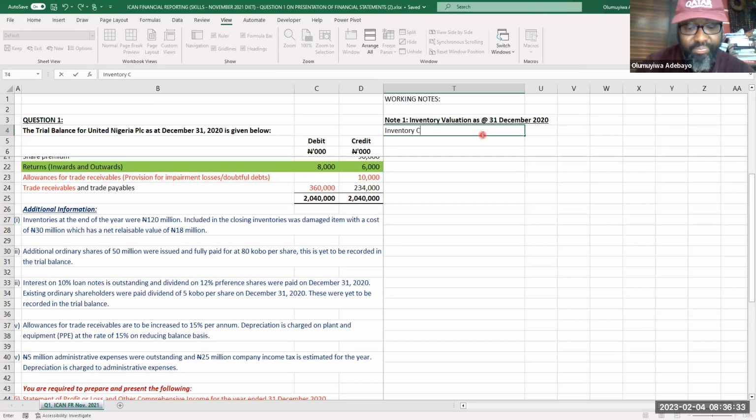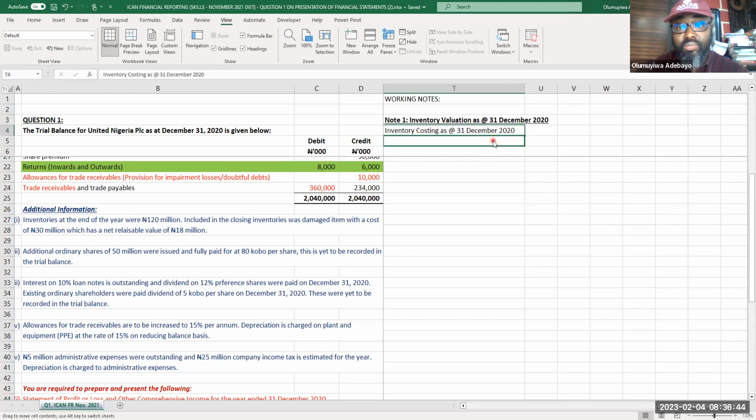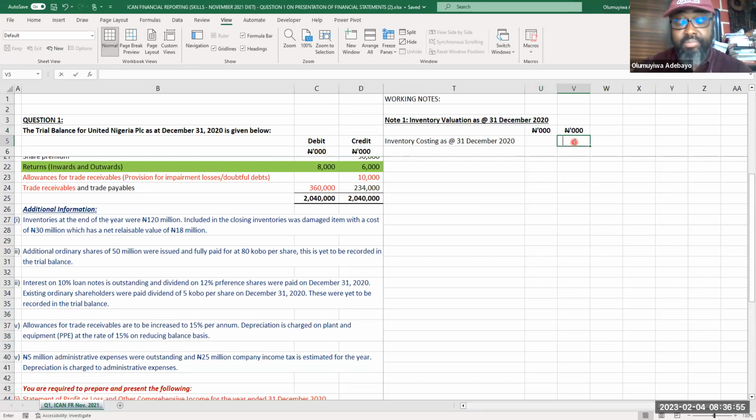Inventory costing as at 31st December 2020, all figures in thousands, was 120 million.